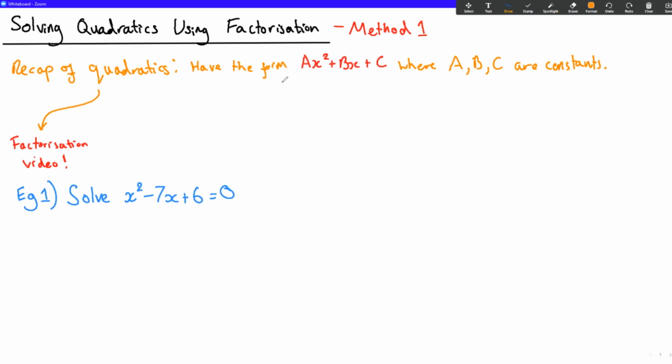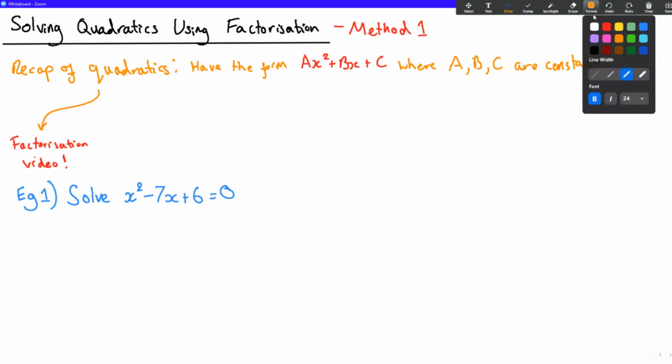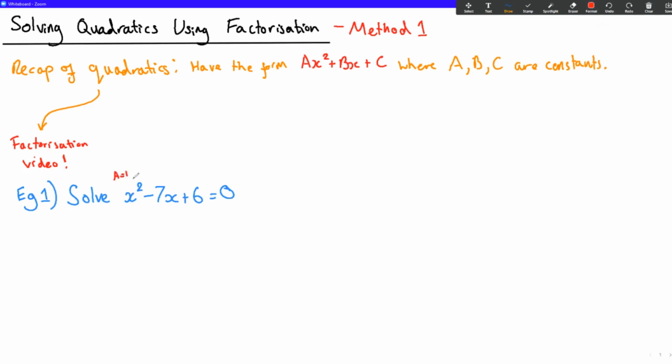So now we have this quadratic form, and you can see that here this is a quadratic form if you just ignore the equals 0, and this is what we learnt about in the factorization video. That in this case, a is equal to 1, b is equal to -7, and c is equal to 6, because they denote these constants in this form.